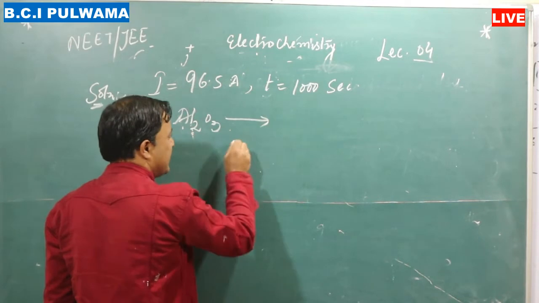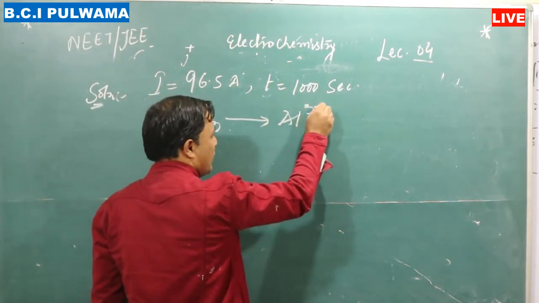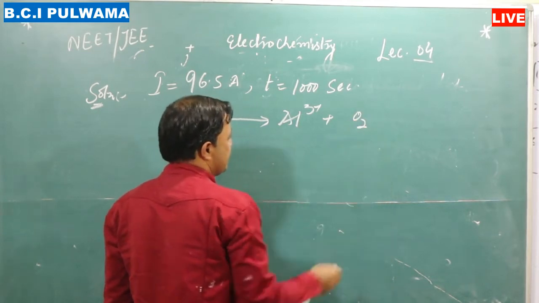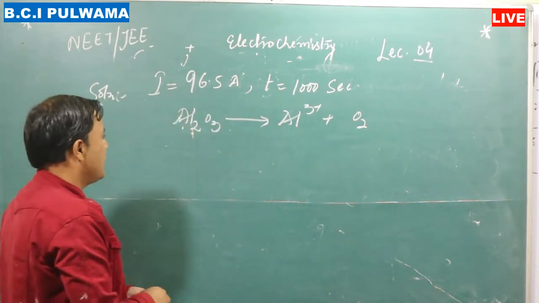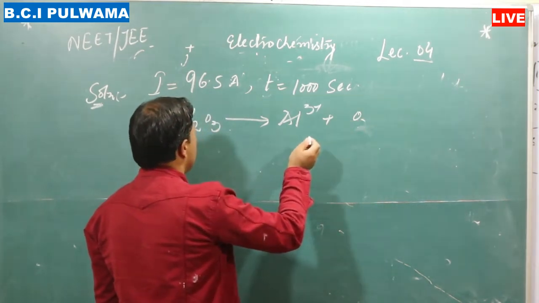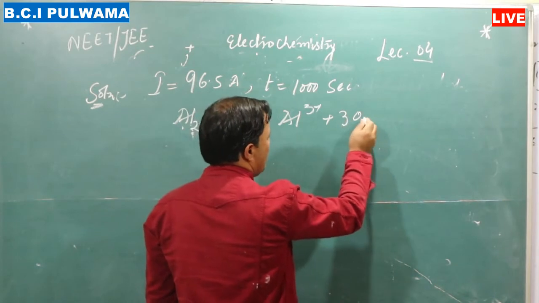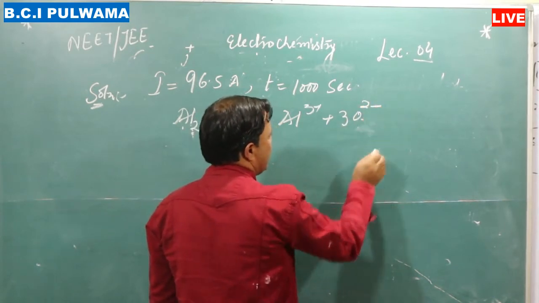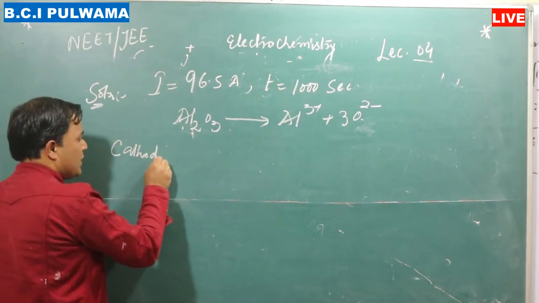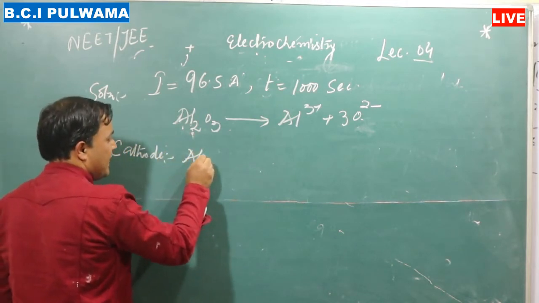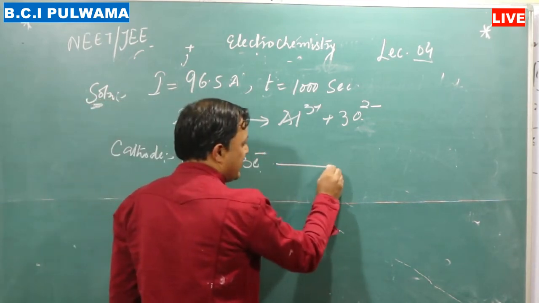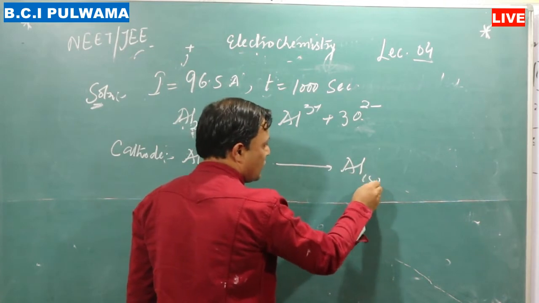This will dissociate as Al3+ plus 3 times O2-. Now the cathodic reaction is important: Al3+ will accept 3 electrons and be converted to solid aluminum.